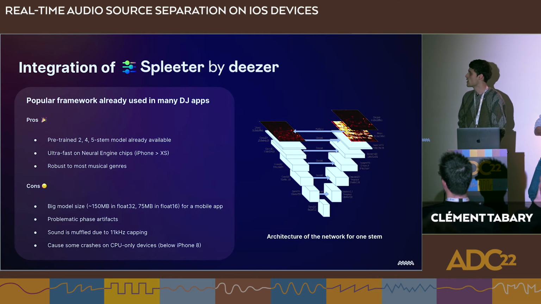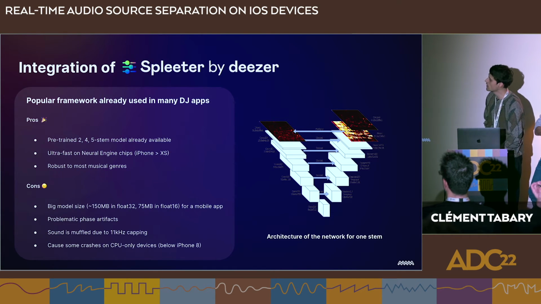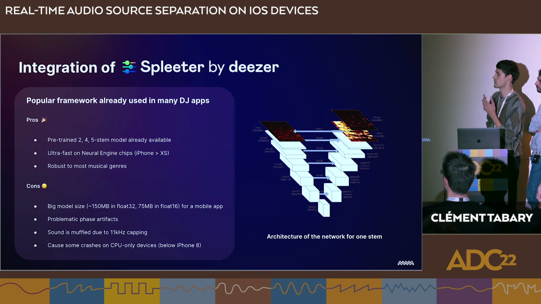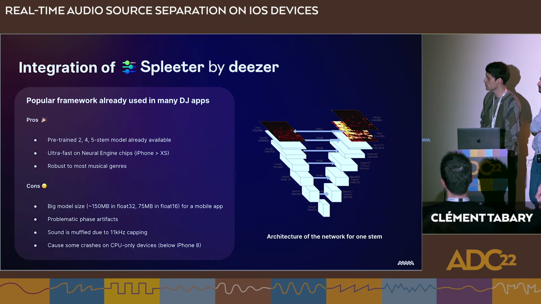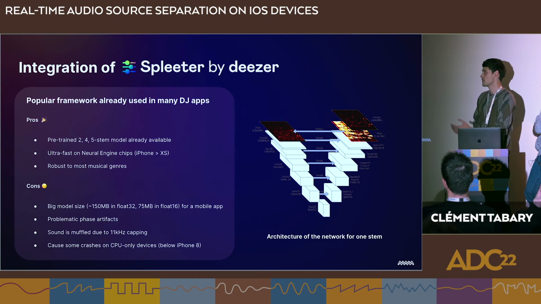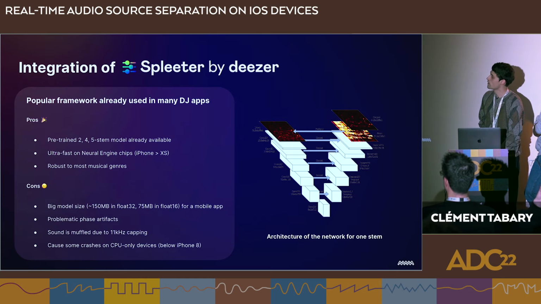It's really convenient because it was pre-trained on a large dataset, and it comes with a few configurations, for example 4 or 5 stems: piano, guitar, drums, bass, and vocals. It's really fast on the ANE chip, and it runs only on ANE. There is no CPU fallback, so very cool to get that, and it's robust to most musical genres.